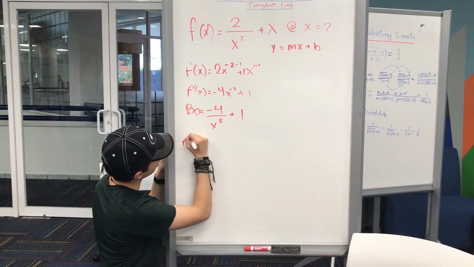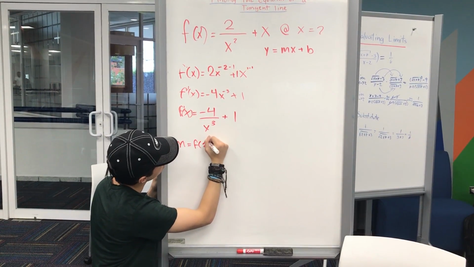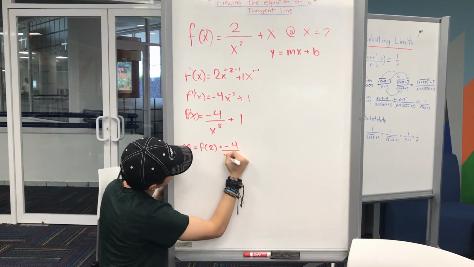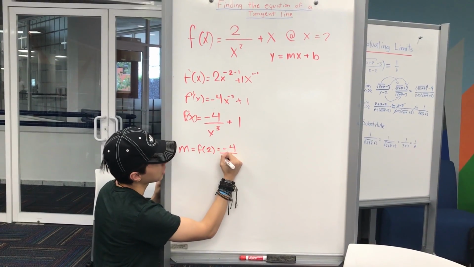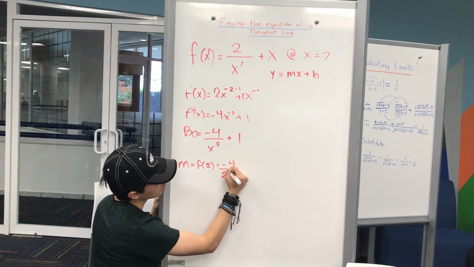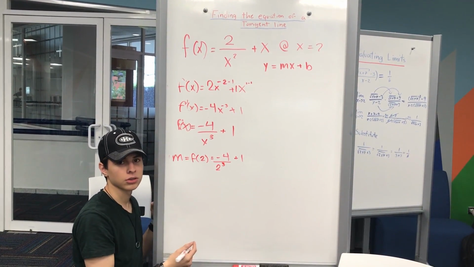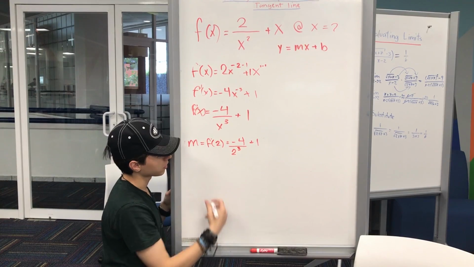So m equals the x will become a 2 cubed plus 1, and we just add the complete stuff.